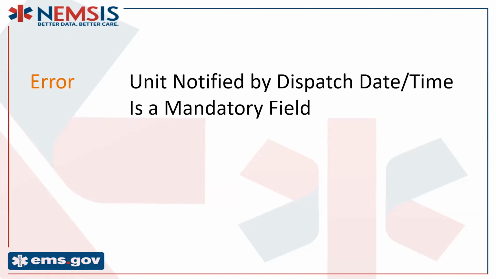Let's take a look at this rule. Let's say that this rule was in a state Schematron file. It's an error and it says unit notified by dispatch date time is a mandatory field. Is this a rule that should be in a state Schematron schema? Go ahead and unmute yourself if you're willing to take a stab at this.